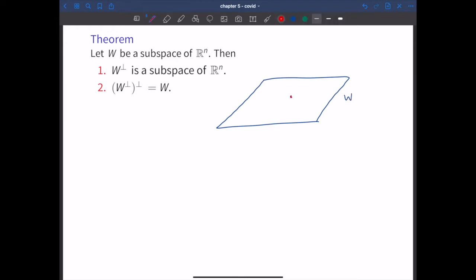When we looked at the orthogonal complement, it was this line here. So this was W perp. Now if we look at the orthogonal complement of this line, we're going to see that it just happens to be this plane again. Or in other words, W is equal to the orthogonal complement of the orthogonal complement.